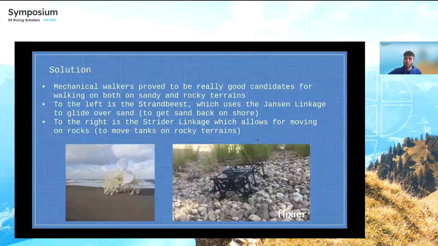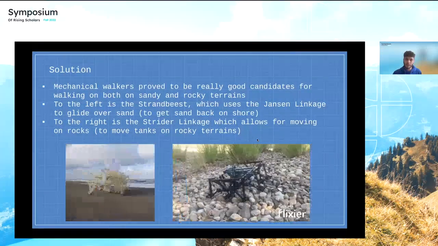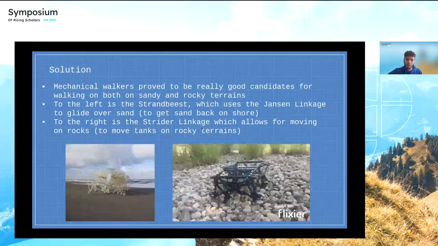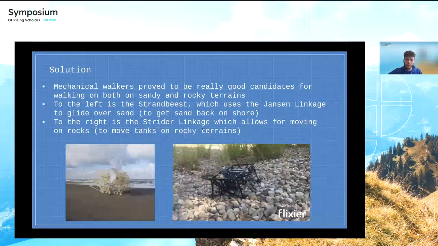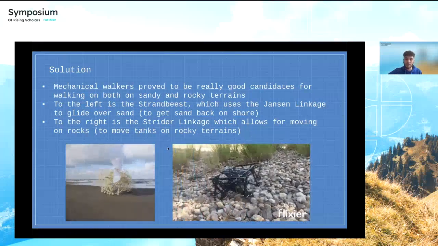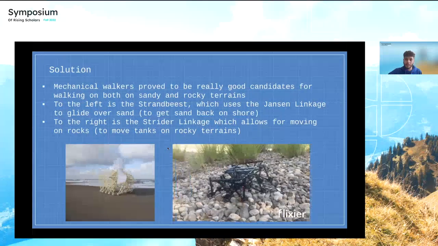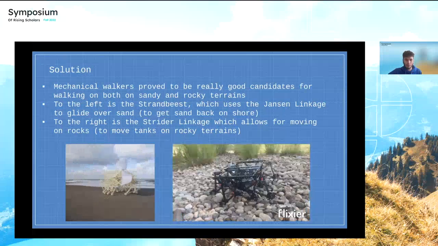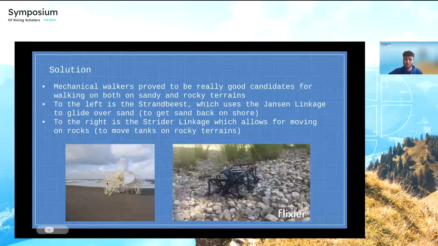My project relies on mechanical walkers, and these two GIFs on the bottom show two really common types of mechanical walkers. The one on the left was developed by a Dutch engineer and artist. His name is Theo Jansen, super popular, and this design specifically is really well known.